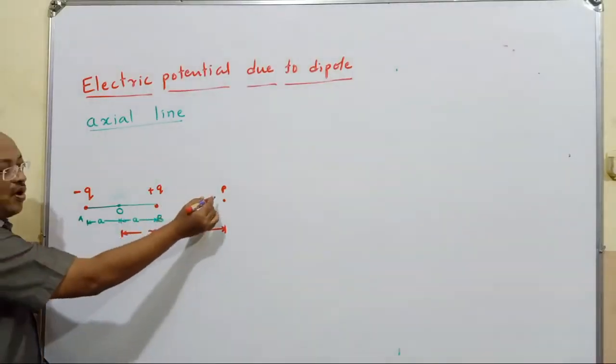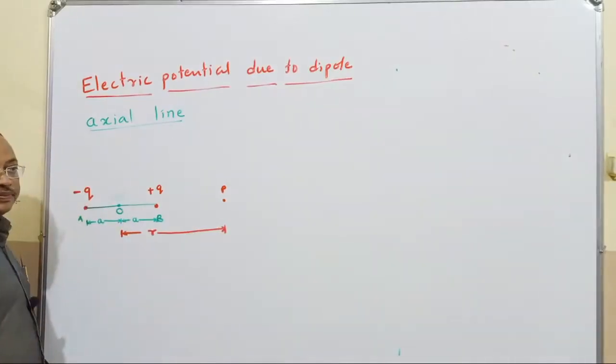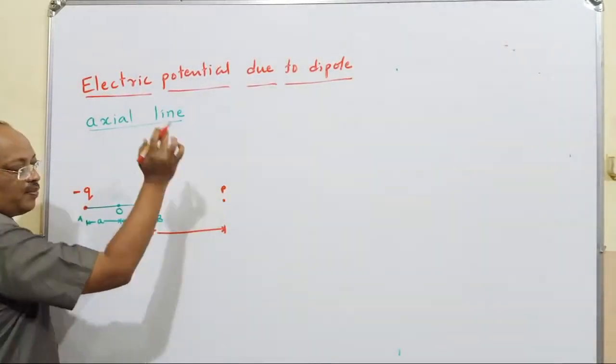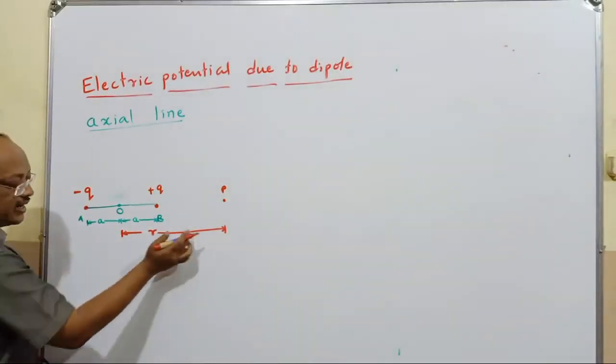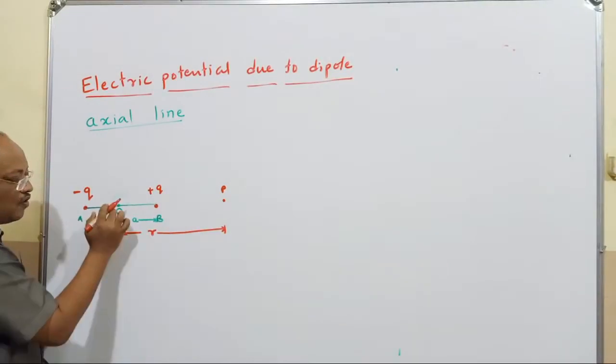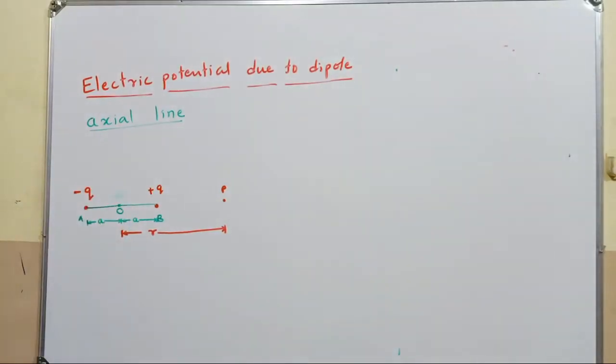So this point P, which is on the axial line, I want to find out the electric potential at this point P, at a distance r from the center of the dipole.